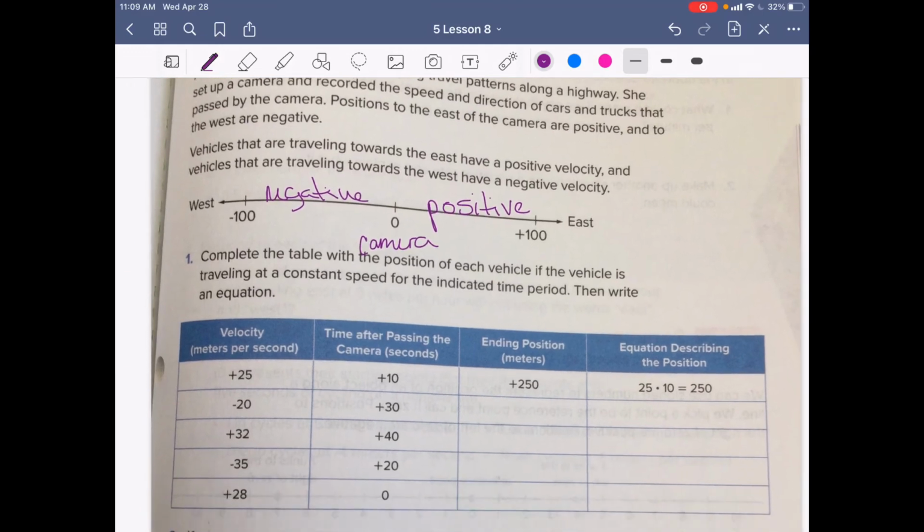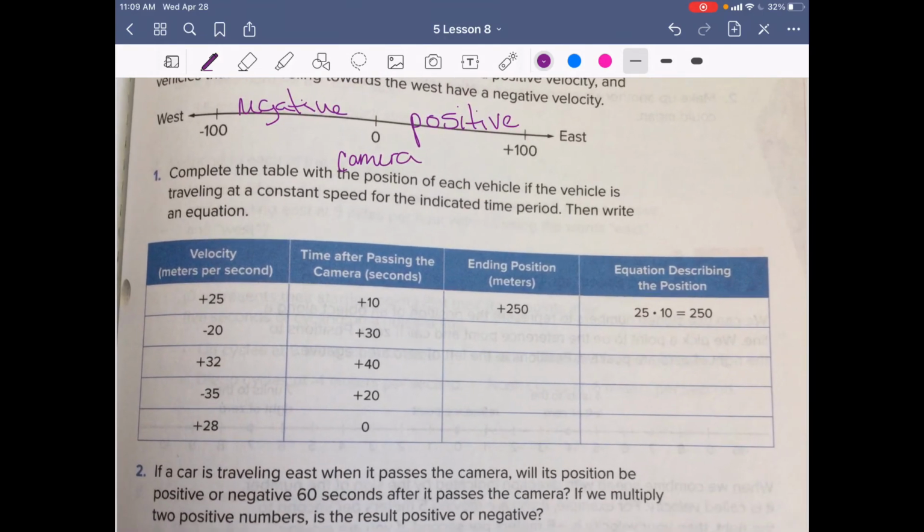So let's take a look at our table. Complete the table with the position of each vehicle if the vehicle is traveling at a constant speed for the indicated time period. Then write an equation. So if we look at the first one, they were traveling 25 meters per second for 10 seconds. So their ending position was 250 meters. The equation we have is 25 times 10 equals 250.